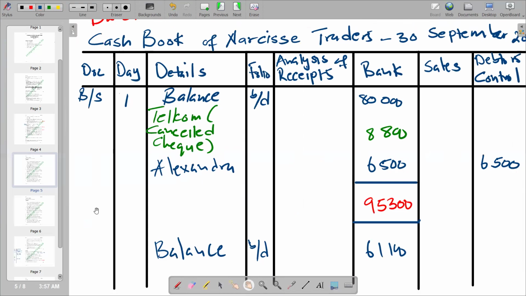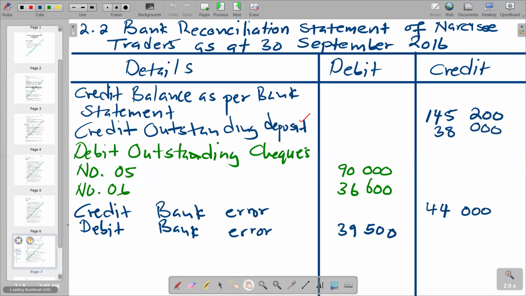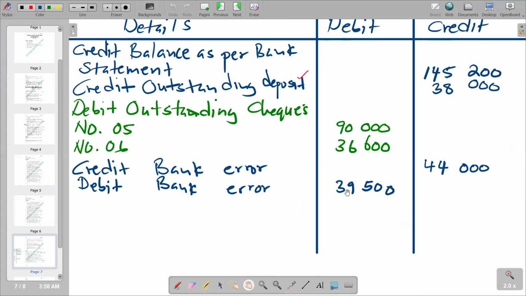So from there, we are also supposed to balance our bank reconciliation. So we are going to put our double lines. Obviously, we leave a space for putting our balancing figure. We just leave a space here and then put our double lines.